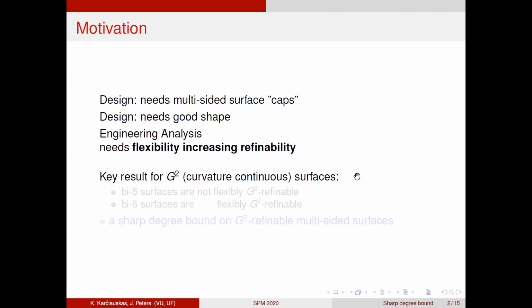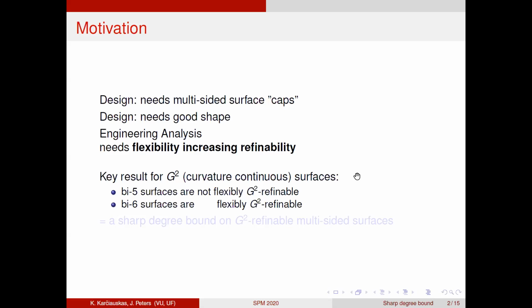So the key result of this paper is that for curvature continuous surfaces, any combination of biquintic, bi-5 surface pieces will not provide such a G2 refinability in a flexible fashion. So we will not gain additional degrees of freedom as we invest into having 4 times or 16 times as many pieces of degree bi-5.